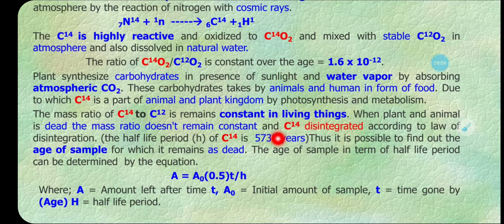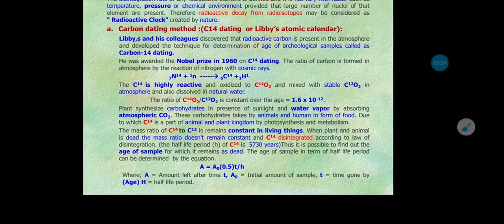If we know the half-life, initial amount of sample, and the sample at time t, that is A, we are able to determine the age of the sample, that is value of t, by using this technique.